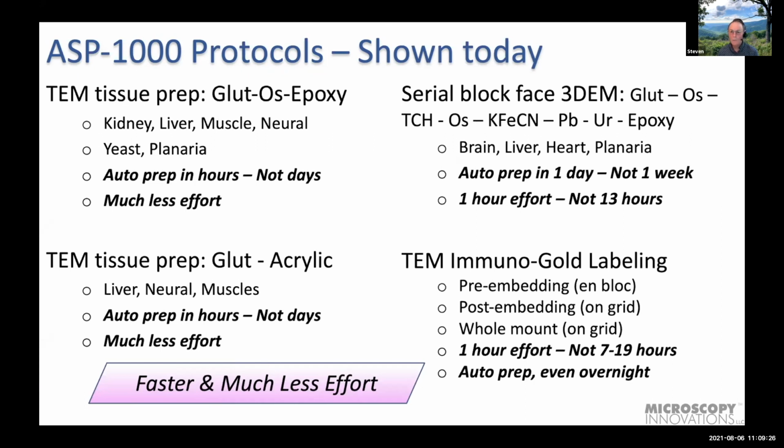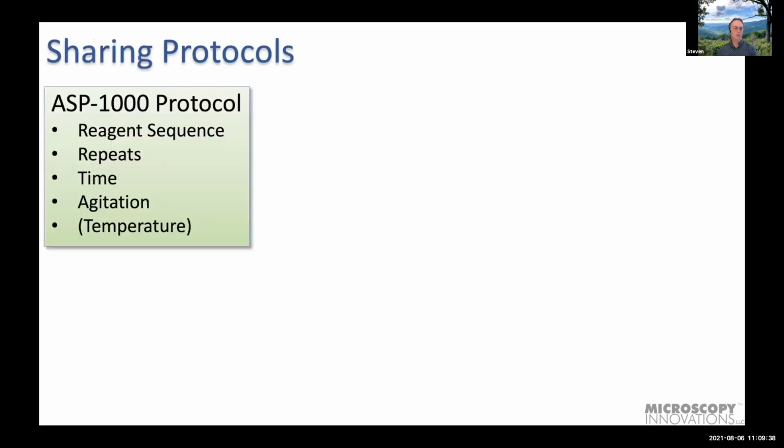So there are many protocols that now have been developed, and with this library of protocols and library of users, it's now time to better facilitate protocol sharing among users. And this is someplace we're going right now at the company here. Each ASP protocol, which consists of a reagent processing sequence, is a small file that's easily shared even via email.